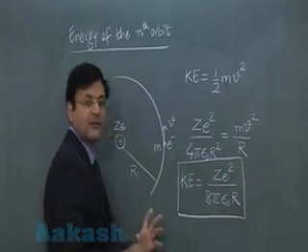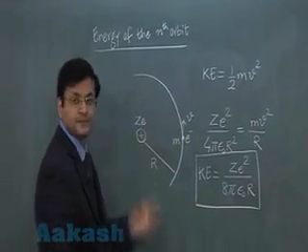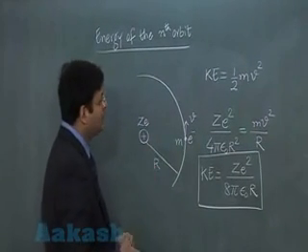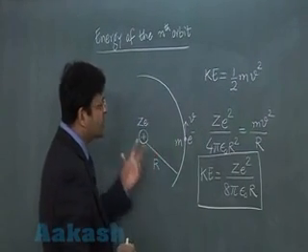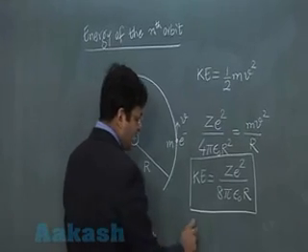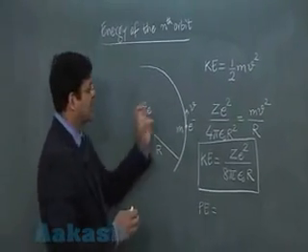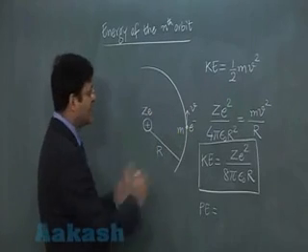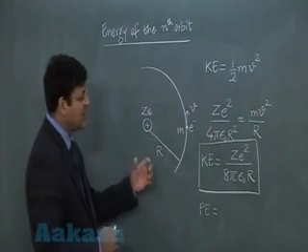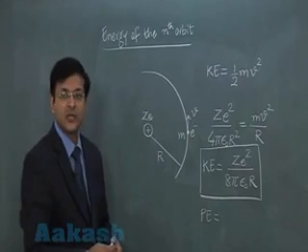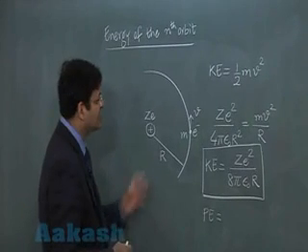This is one type of energy you have talked about, isn't it? Now if you talk about the potential energy, then you must see that there is one positive charge and another negative charge separated by distance r. So essentially you have the expression q1 q2 upon 4 pi epsilon naught r.